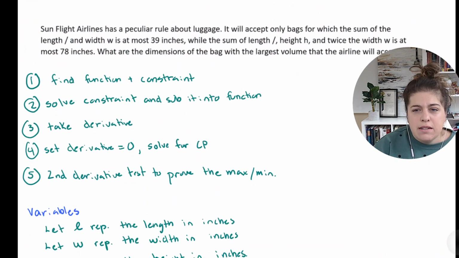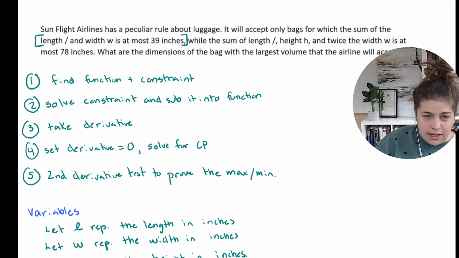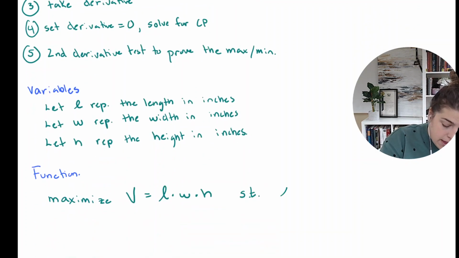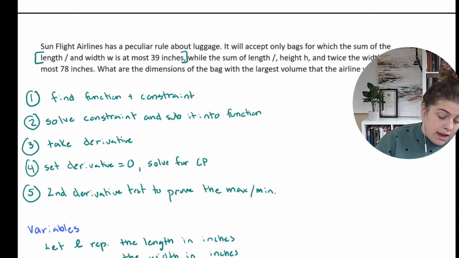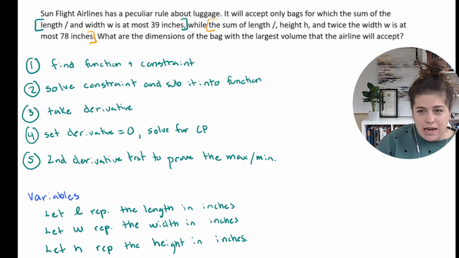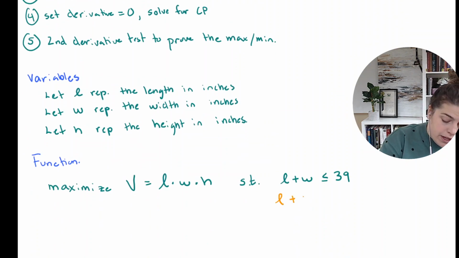And so the constraints here say the sum of which the length and width is at most 39 inches. So we have the fact that the length plus the width has to be less than or equal to 39. And then our second one here is that the sum of the length, height, and twice the width is at most 78 inches. So then we have the constraint that the length plus the height plus twice the width is at most 78 inches.